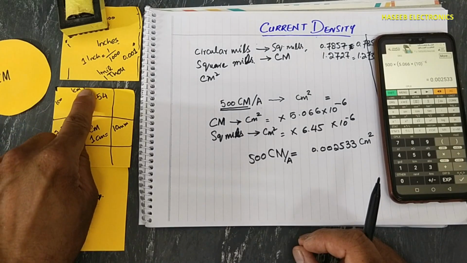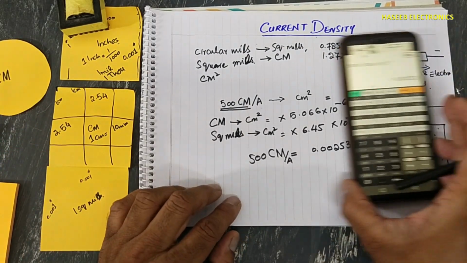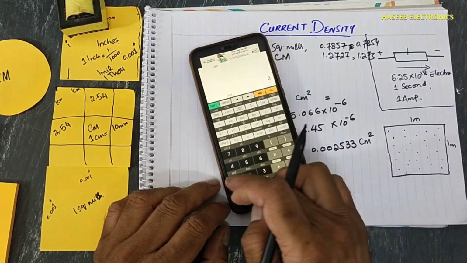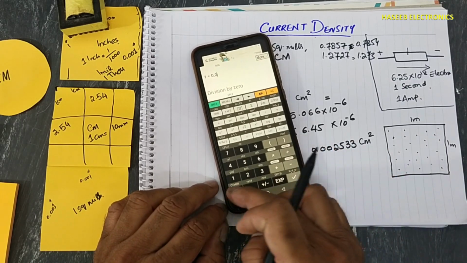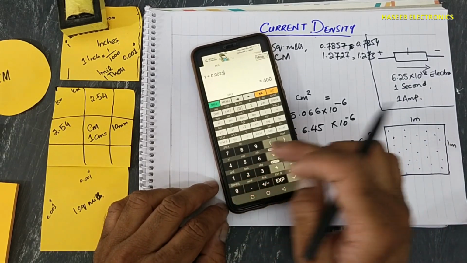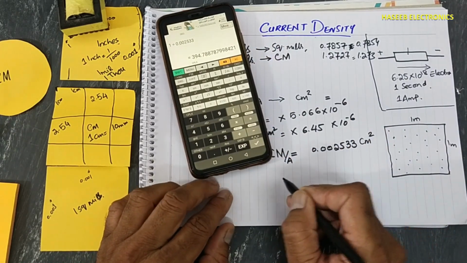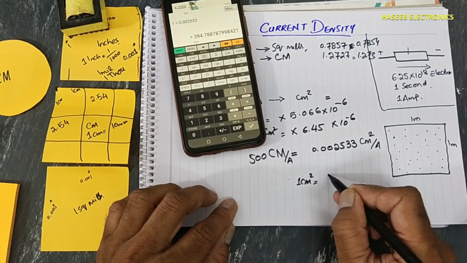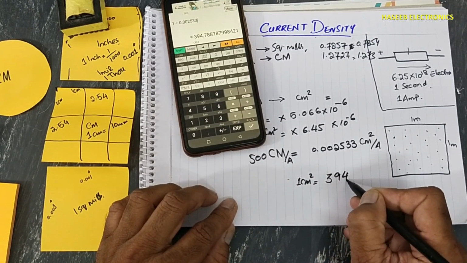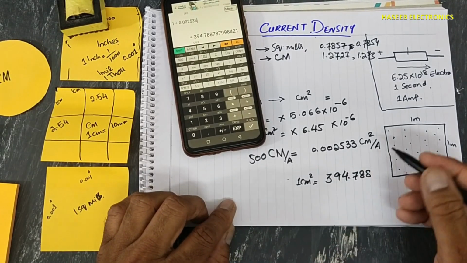How much current will flow in this 1 centimeter by 1 centimeter copper area? We can divide simply 1 divided by 0.002533. In 1 centimeter square, it will become around 394.788 ampere.